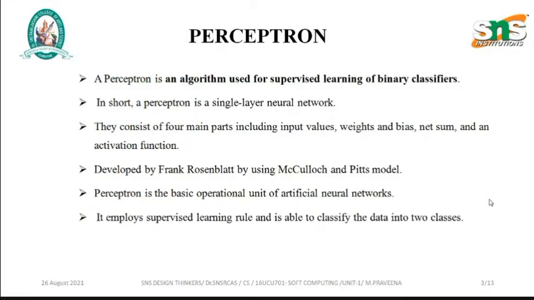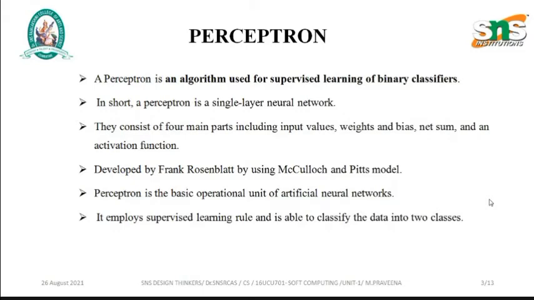Perceptron is an algorithm mainly used in supervised learning of binary classifiers. So what is supervised learning? Supervised learning is one of the learning methods in which the inputs which are given are known, and the expected output is also known.